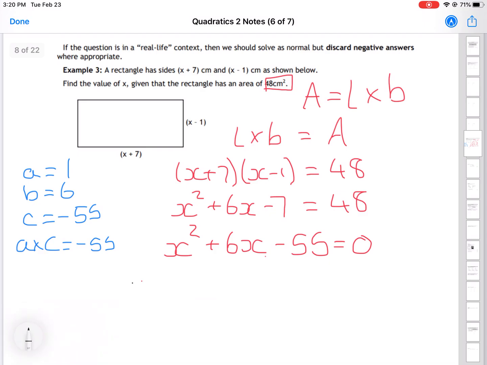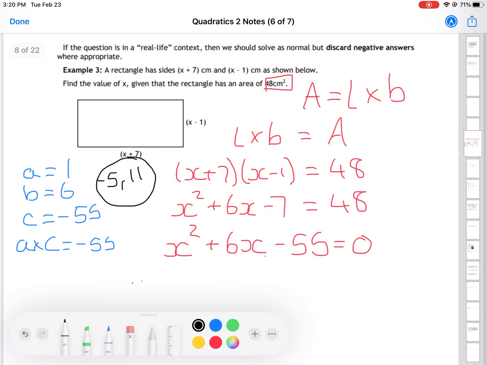So 11 and 5 are the common ones for 55. They will combine to give you positive 6 if you use negative 5 and positive 11. Those two times together will give you negative 55, so that's fine. And also negative 5 plus 11 will give you the positive 6 that we're after.